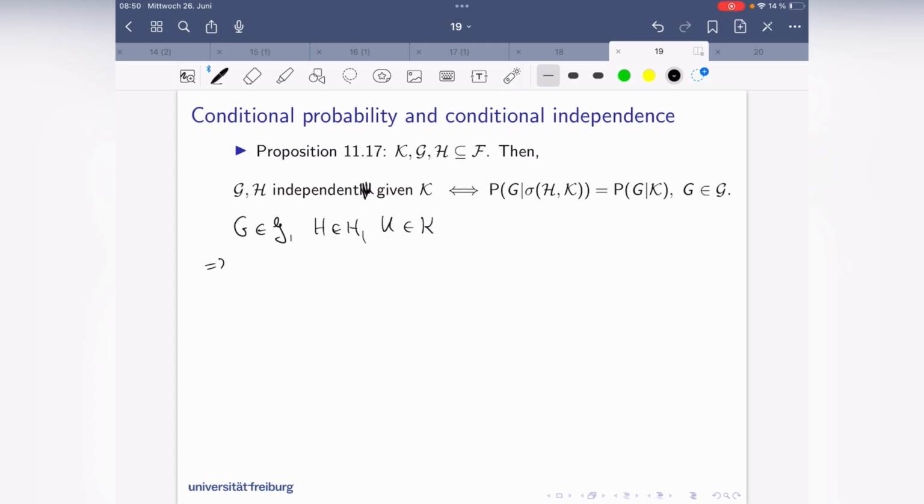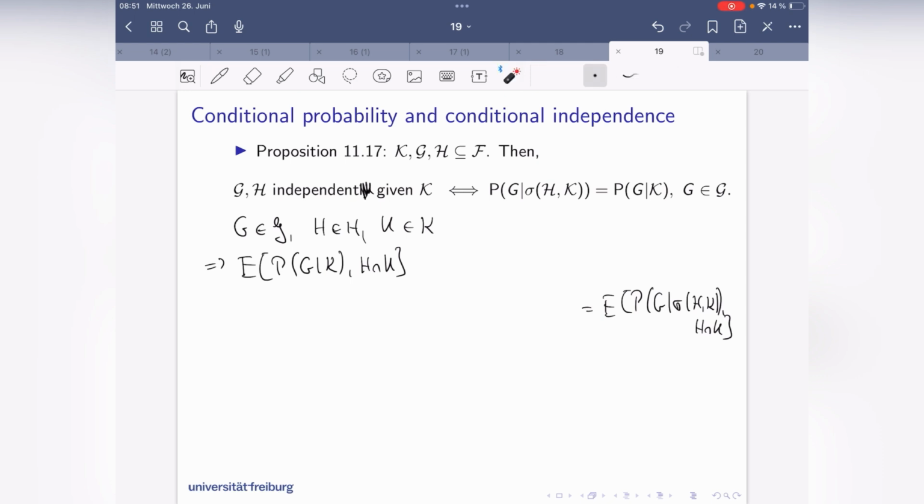And I'm going to do this by showing the following. The expectation of the conditional probability of G given K on H intersected with K equals the expectation of the probability of G given sigma of H and K on the same set H intersected with K.